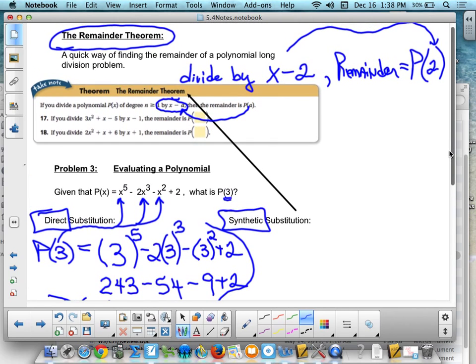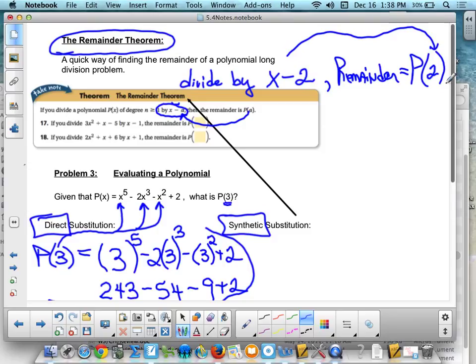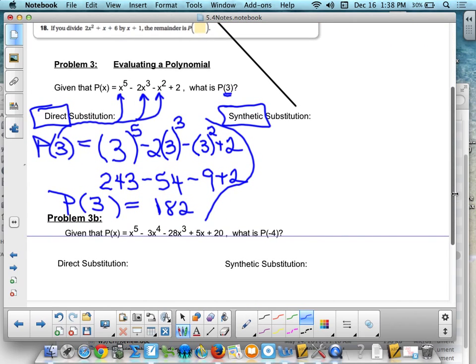If you plug in a number and you get out an answer, that's the remainder, correct? So what I plugged in was 3. So what's 182, guys? The remainder. You're staring at the remainder.